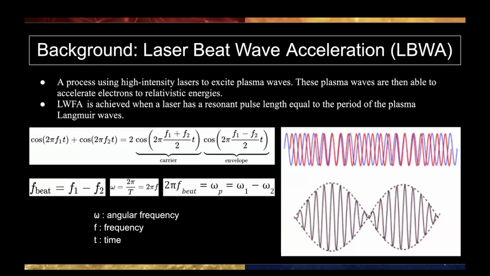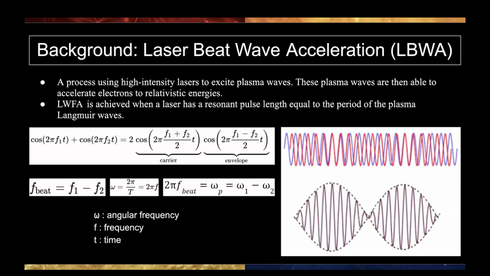So moving forward, the last background portion that we would need is the laser beat wave acceleration, or LBWA. This is a process using high-intensity lasers to excite plasma waves, similar to the laser Wakefield acceleration. The difference between the two can be seen in the equation as well as the picture on the right.